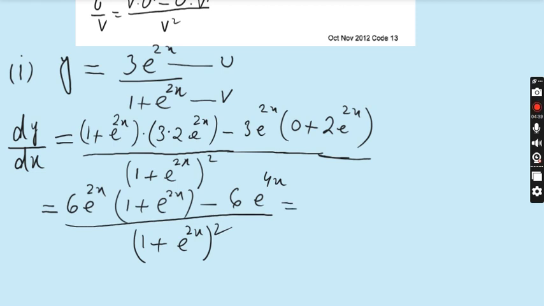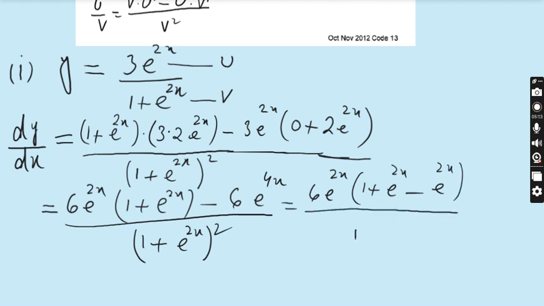Now we can take common 6e^2x from both the terms. 6e^2x multiplied by 1 plus e^2x minus e^2x is common, therefore remaining is e^2x upon (1 plus e^2x) whole square. Now see carefully, this e^2x cancels by this e^2x.